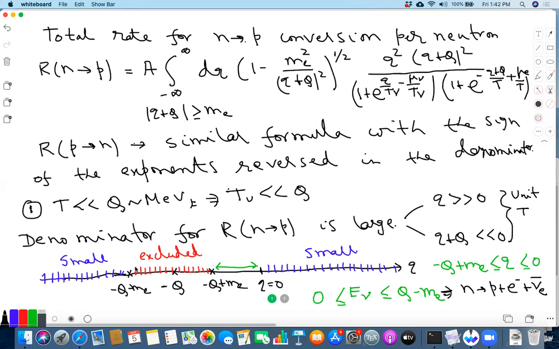And here the smallness region will start from Q and extend in the positive direction. So these two regions now will cover the entire Q axis. Okay, so there is no range of Q where the denominator is not large. And that's why the P to N rate will be small.